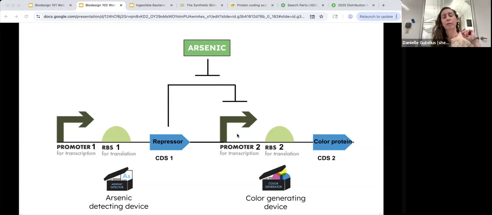All right. So for coding sequence 1, we're looking for a protein that will inhibit transcription of circuit 2 and is responsive to arsenic. That sounds like a crazy random thing to try to find, right?